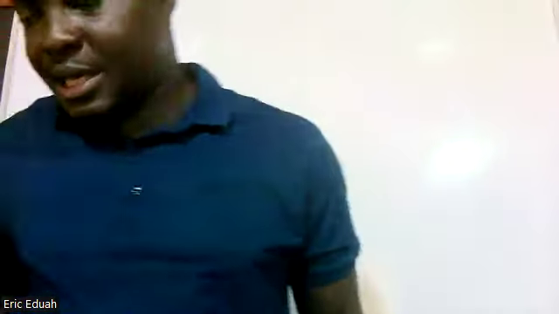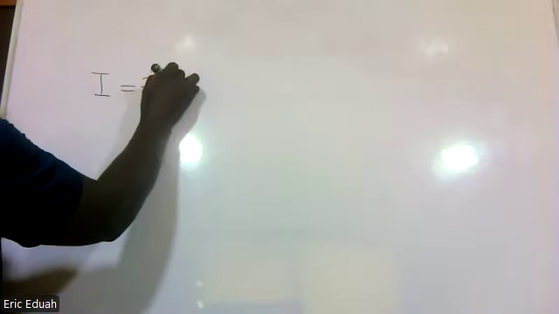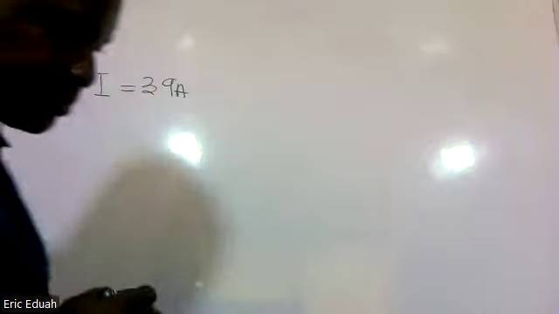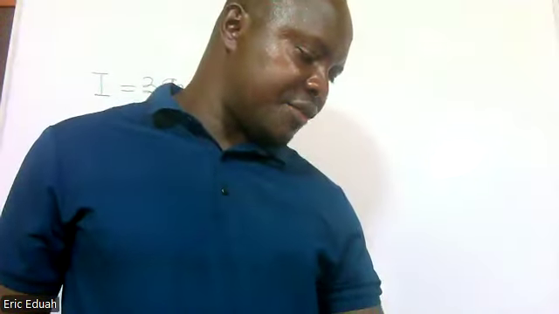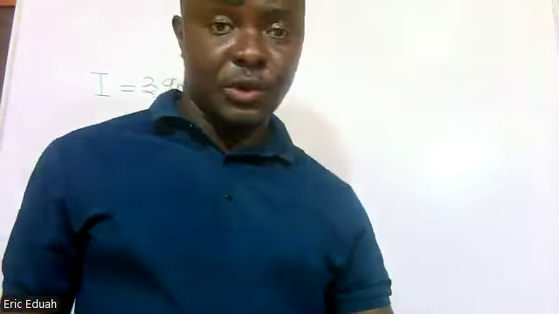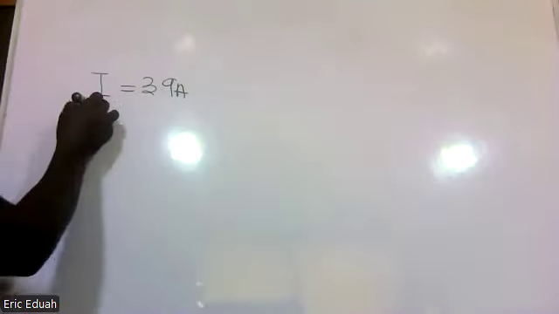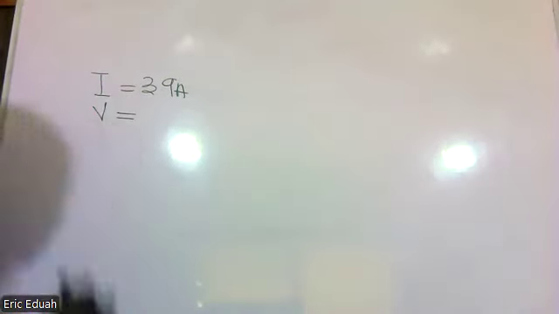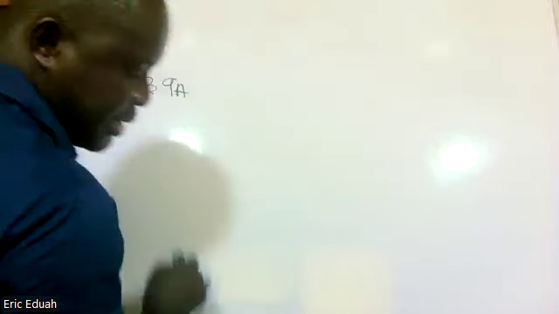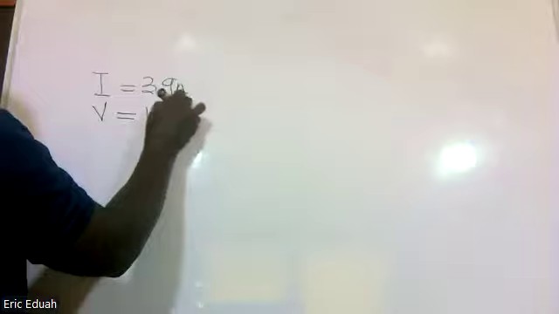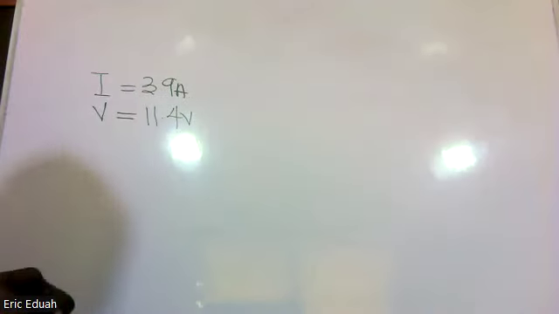The current in the heater is 3.9 amperes. So I is 3.9 amperes. The potential difference across the heater, that's the voltage, is 11.4 volts.